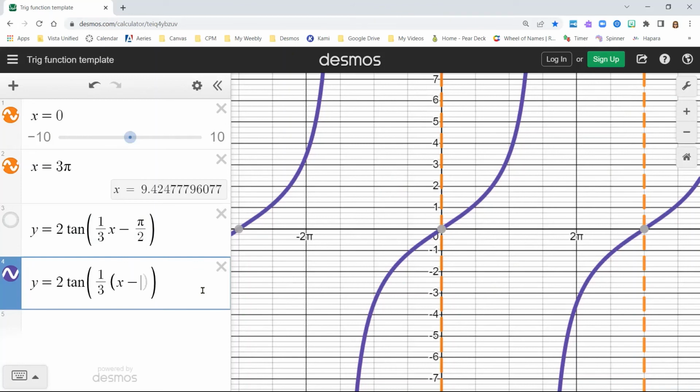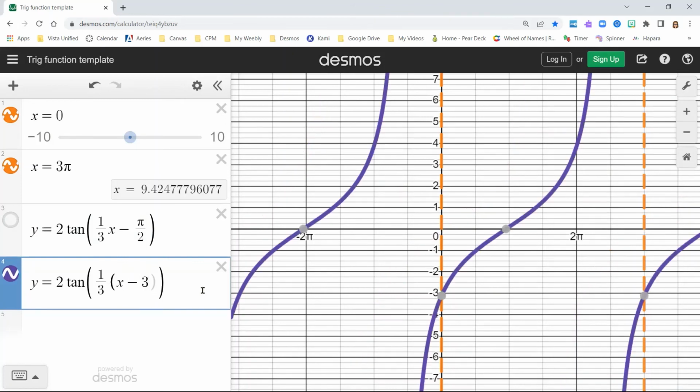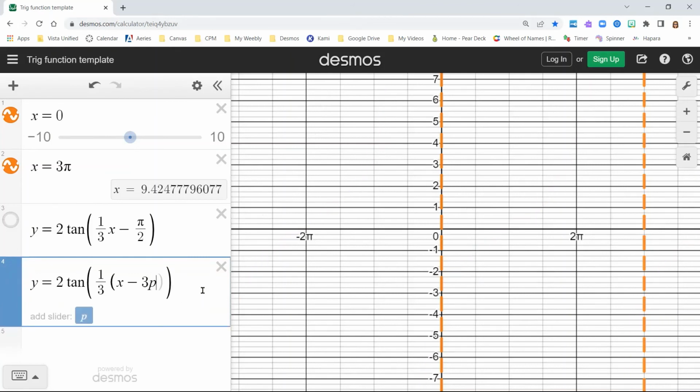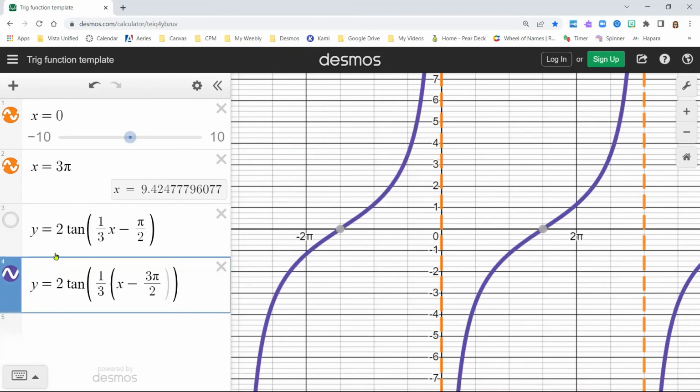I want to move it to the right, so I'm going to go minus 3 pi halves. And you can see that it ended up in the same spot. Here's my green one, here's my purple one. They are the same.